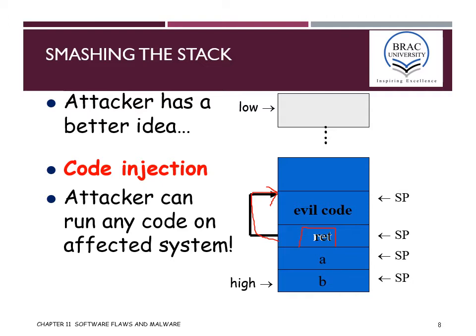So it is possible, right? You can just change the address here and put the address of this evil code. So what will happen, in this evil code maybe there are some different queries or maybe some script you can run inside this evil code.